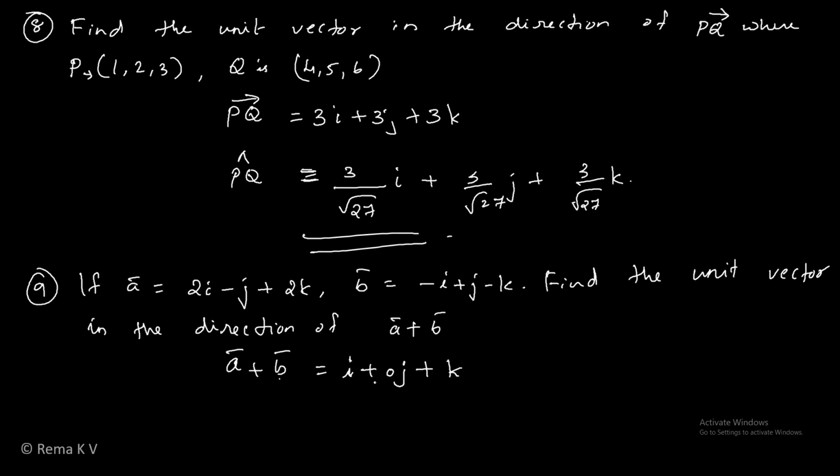Vector A plus B is i plus 0j plus k. Let us represent this as vector C. That is, A plus B is equal to vector C.